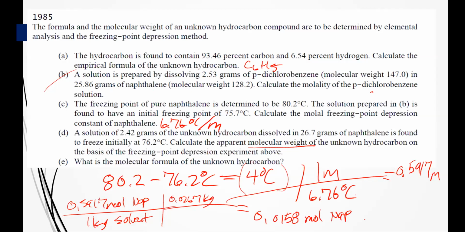Now, did it ask us only to find our moles, or do we want to find a molar mass? For part D, is it asking us to find the molar mass, or is it just asking us to find the number of moles?